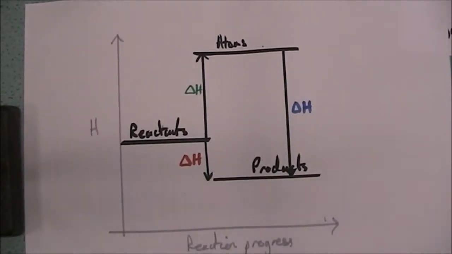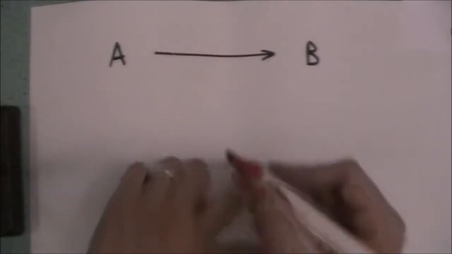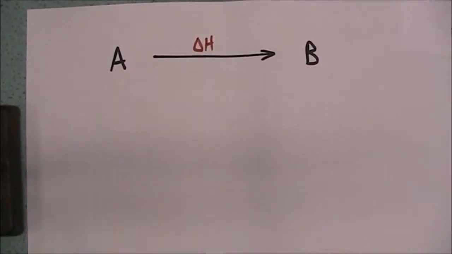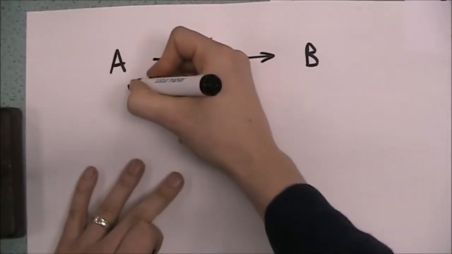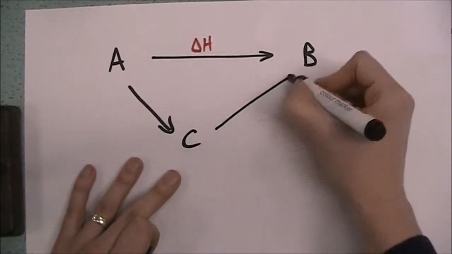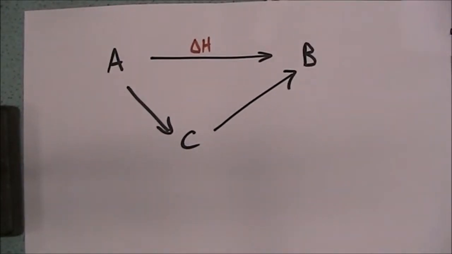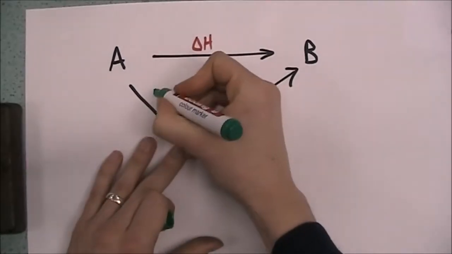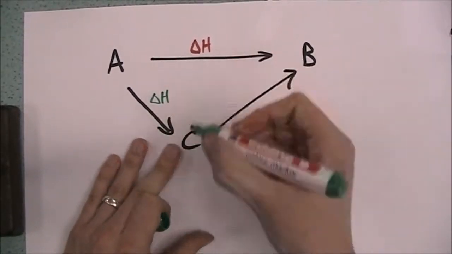Let's take a generic example. So I've called this chemical A and chemical B. Let's say that chemical A turns into chemical B with this enthalpy change. We could also make chemical B by turning chemical A first into, let's say, chemical C, which then turns into chemical B. And again, I'm going to label these with their enthalpy changes as well.